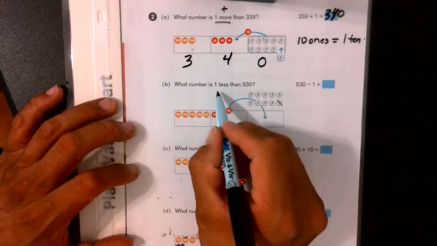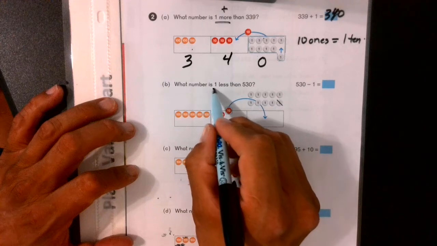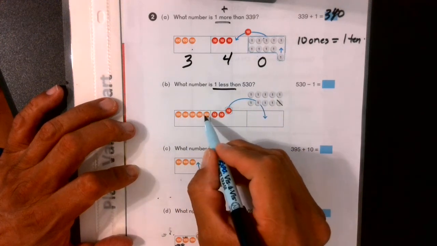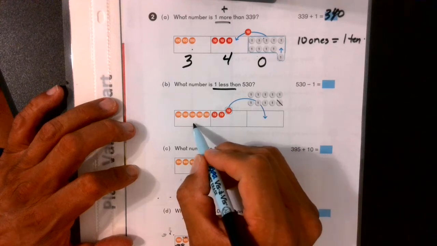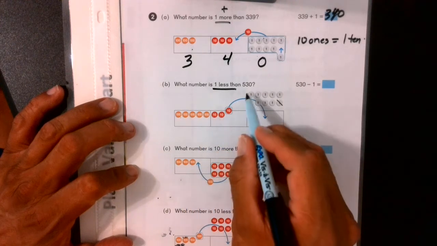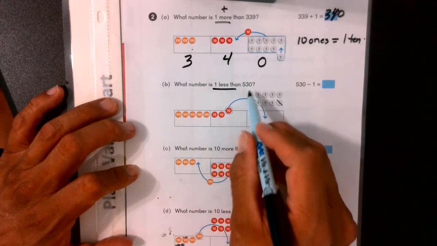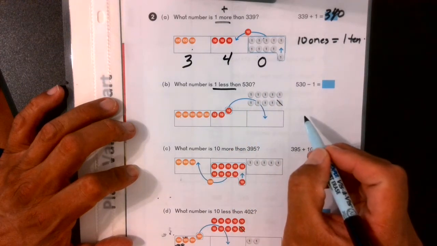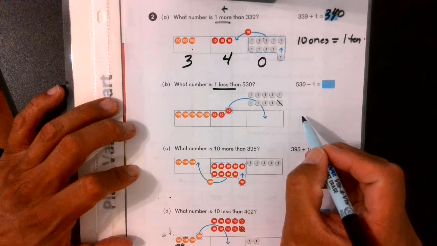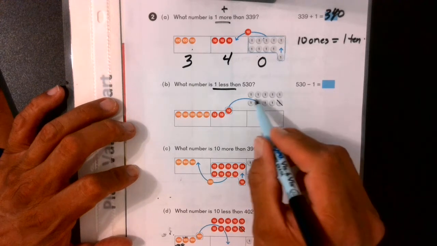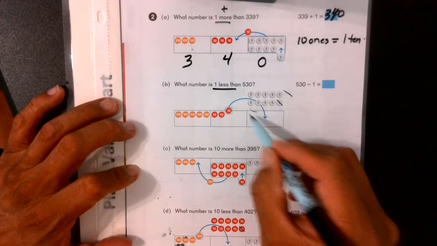So now, here it says, what number is 1 less than 531? 1, 2, 3, 4, 5. We have 5 hundred disks. 1, 2, 3. We have 3 ten disks for 30. Notice these number disks here.